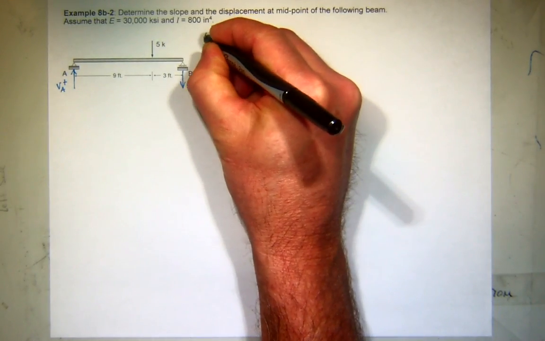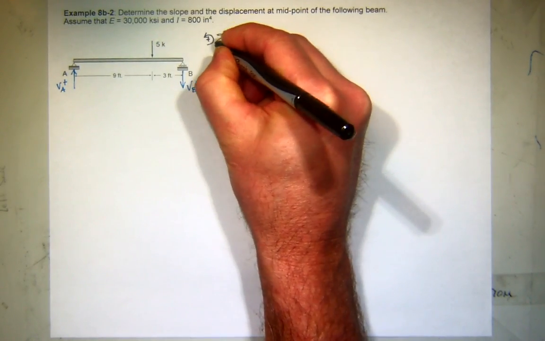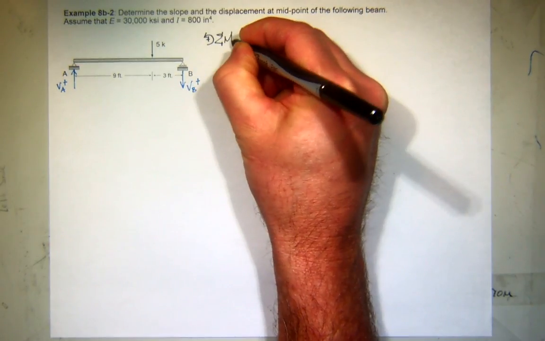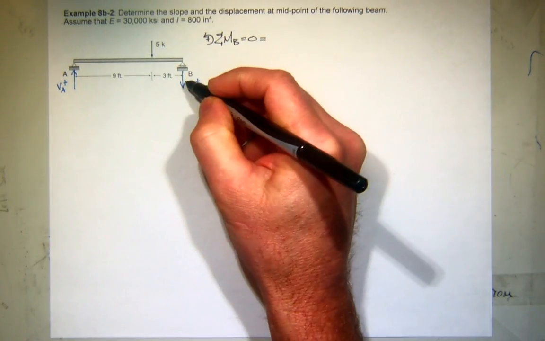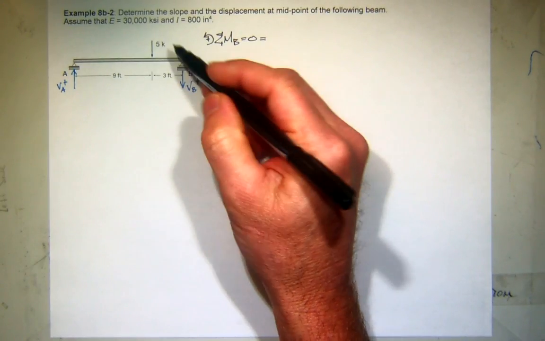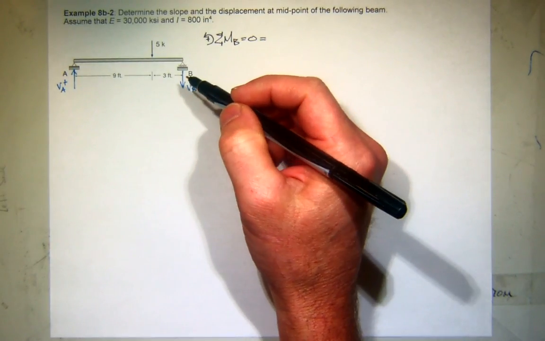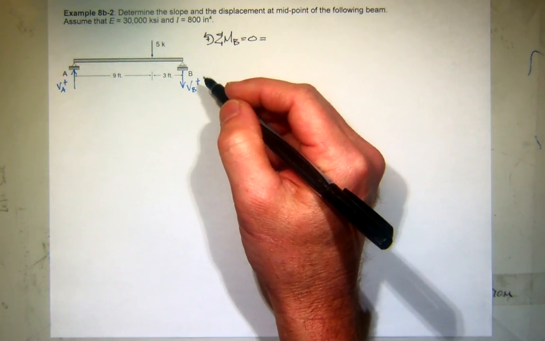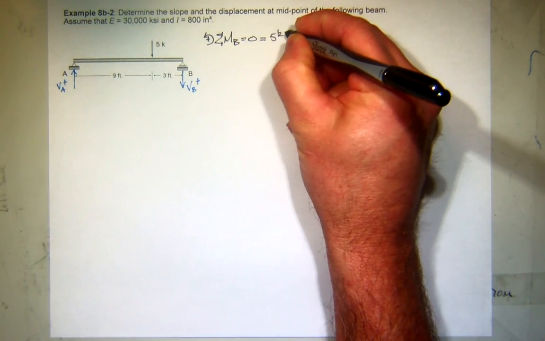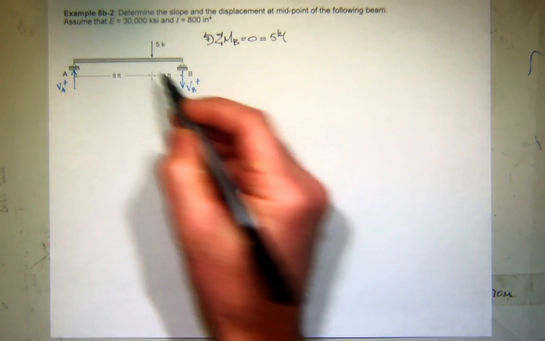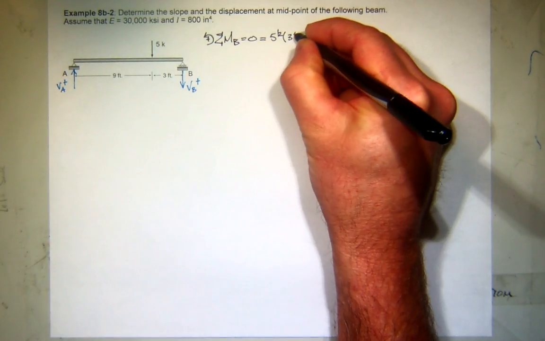So I'll use right-hand rule for my sign convention, and we will sum moments at B and make sure it's in equilibrium. About B, my 5 kip load creates what kind of moment, positive or negative? Positive. So I have a force of 5 kips, and the distance from B to that force is 3 feet.